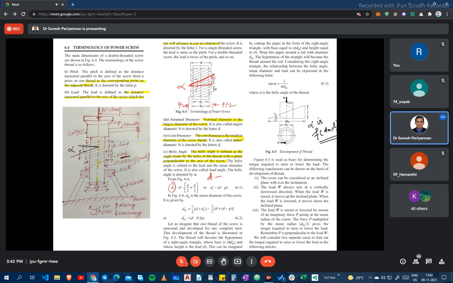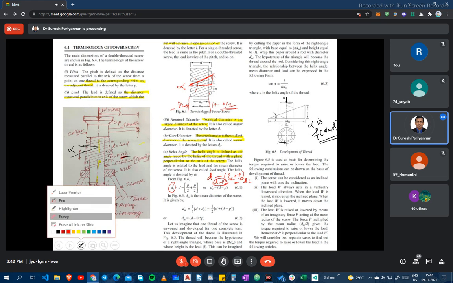Now D minus P by 2 plus P by 2 is our core diameter, because this is the pitch. Subtracting P by 2 plus P by 2 from our major diameter, we get nothing but P. D minus P is our core diameter.